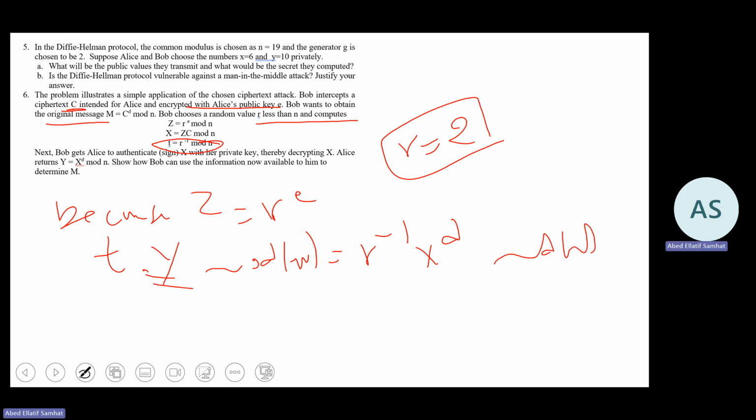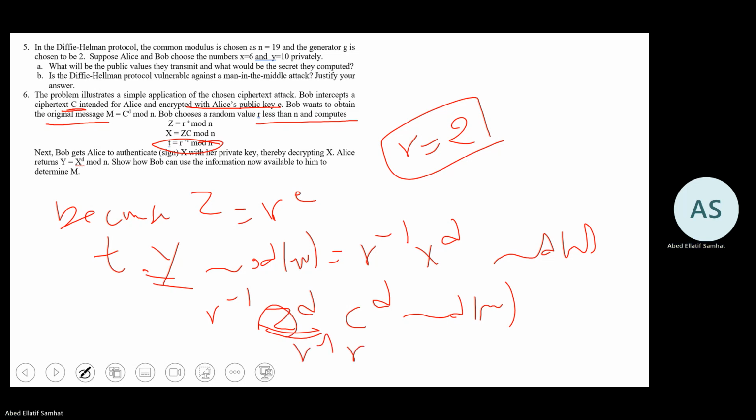Remember that X is Z times C, so Y is Z to the power D times C to the power D mod n. Z to the power D is R to the power E to the power D, which is equal to R modulo n.